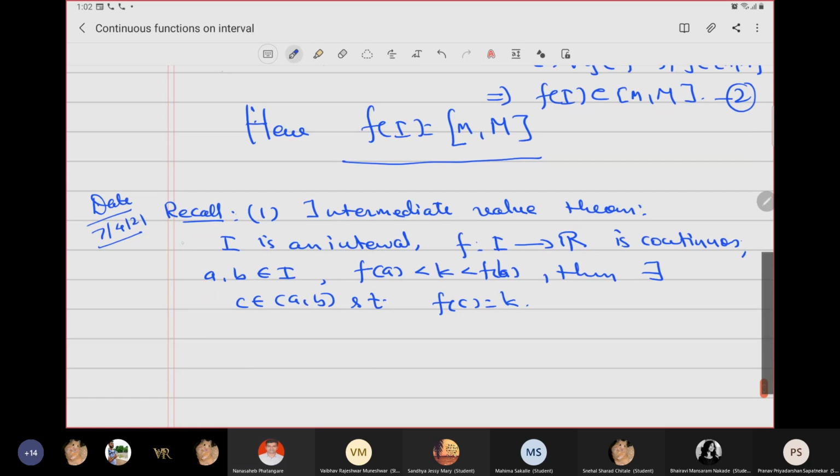So a continuous function defined on an interval attains everything in between, right?